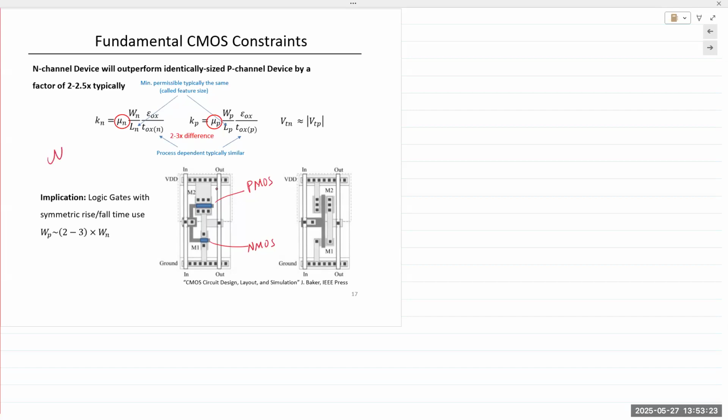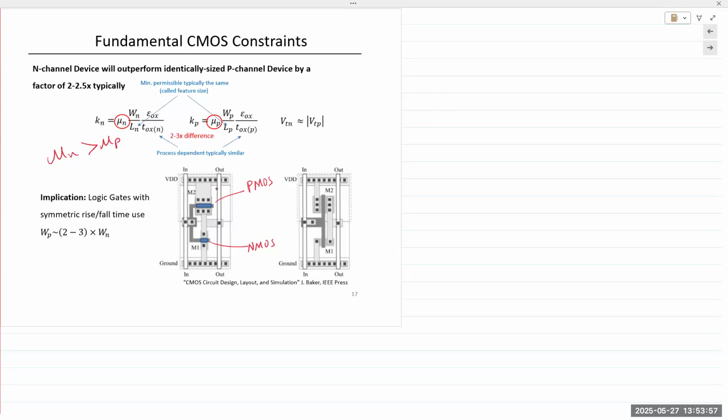In here, mu n is far larger than mu p. Mu p is about less than 500. Mu n is about 1400, so nearly 3 times as much. The exact numbers, I believe, were listed in the slide. So for a PMOS and an NMOS device that are created with the exact same dimensions and the exact same doping profile, the NMOS device will be far better in performance or superior in performance.